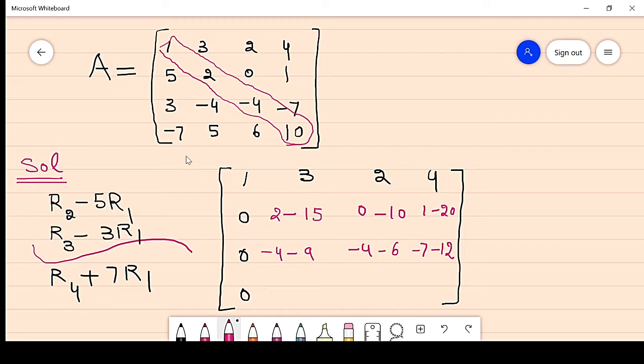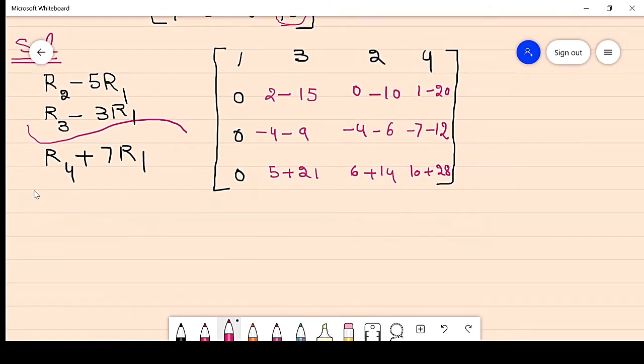Next, the fourth row is 0, 5 plus 21, 6 plus 14, 10 plus 28. So these are the new entries.